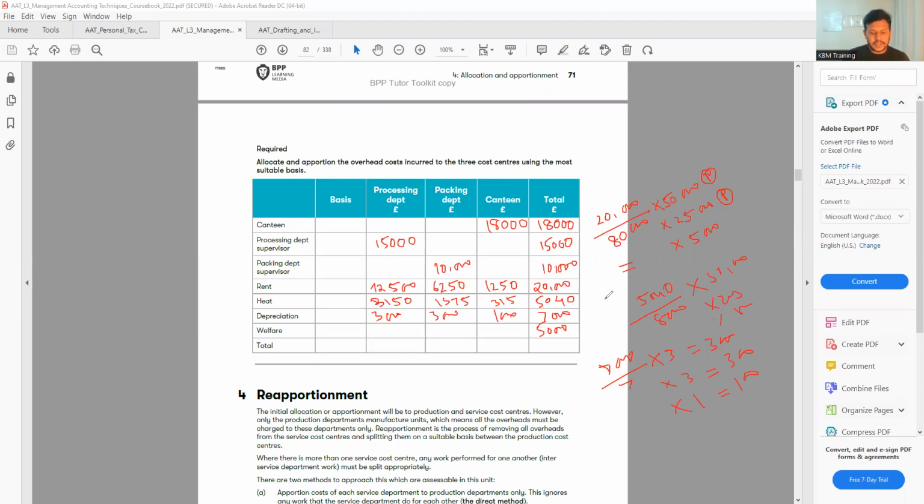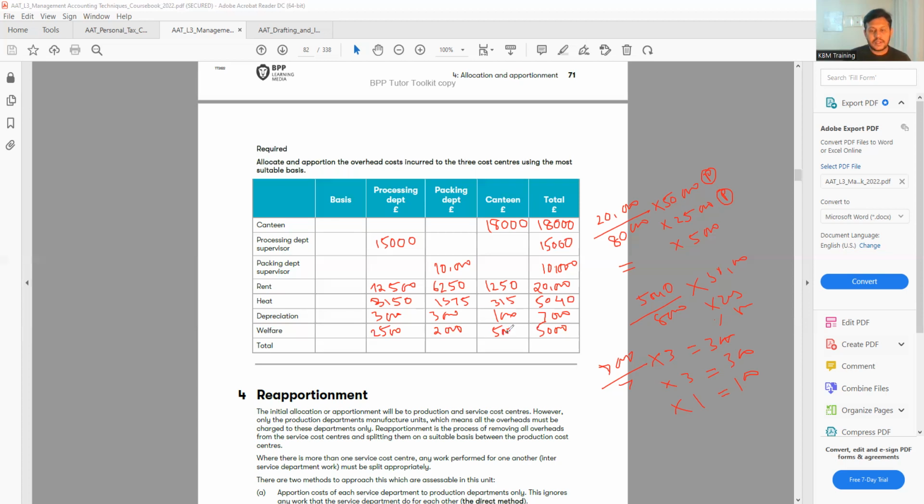We do 50, 40, and 10. So we need to add it, divide by that, times by that, it will give you the same thing. So 2,500. Then 2,000. And 500. Thank you, Shuleka.